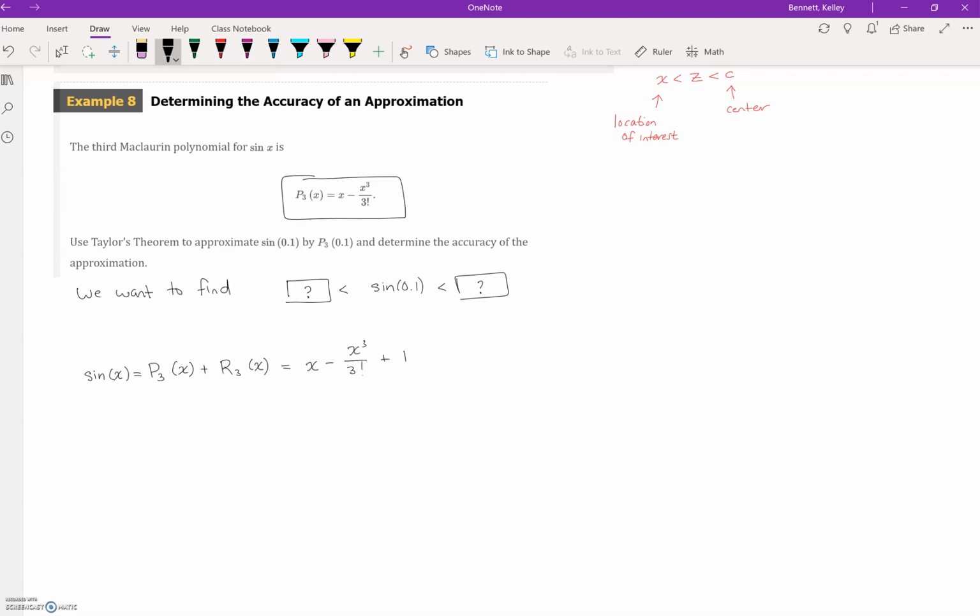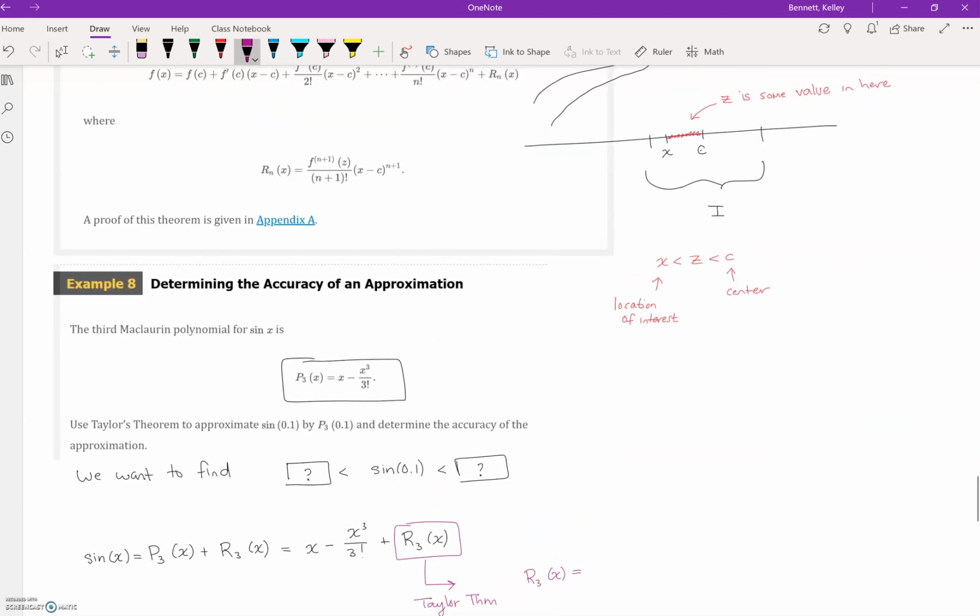And I'm going to add to that the error term, the remainder term, because I know that the Maclaurin approximation is not exactly sine of x near 0, but it's pretty close. And also what Taylor's theorem says here, if we take this and use Taylor's theorem on it, we could say that R3 of x is equal to, let's look at what it says.